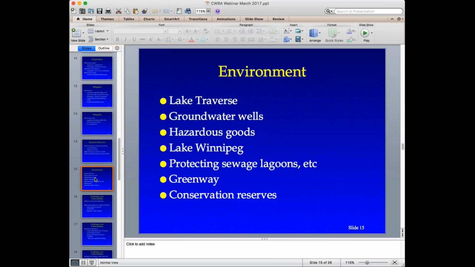In Manitoba, there were a number of groundwater wells contaminated by the flood, and a fair bit of attention was devoted to that.